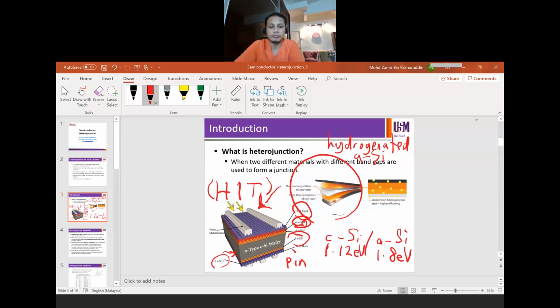Okay. So on the top layer and at the bottom, you can see for this particular design, let's relate to what we've learned before. To be able to extract the carriers, they have TCO on the front side and TCO at the back, so transparent conductive oxide. In this case, they use ITO, indium tin oxide.